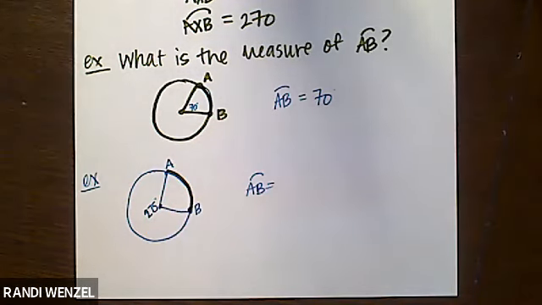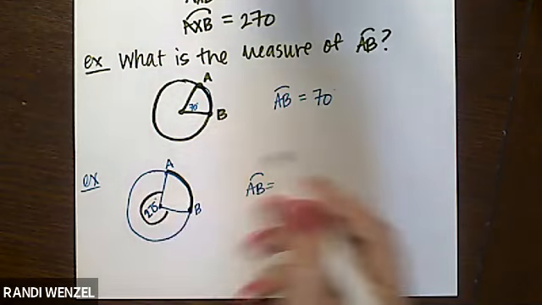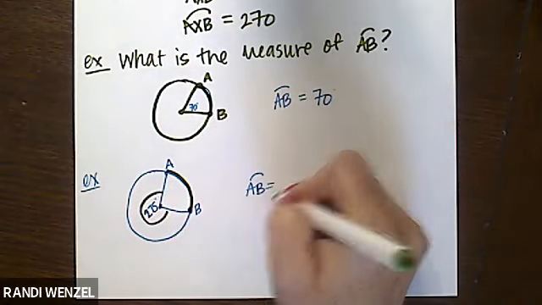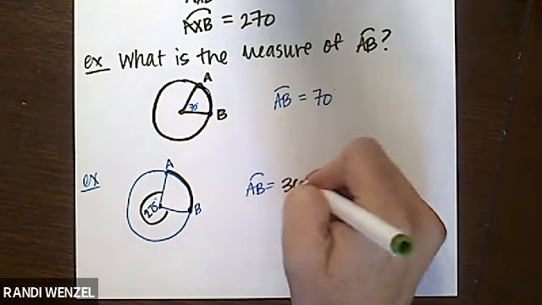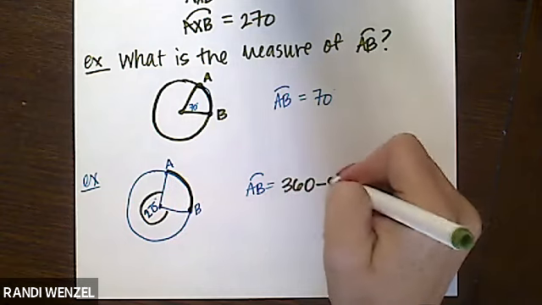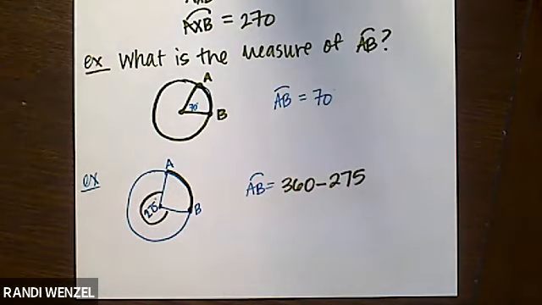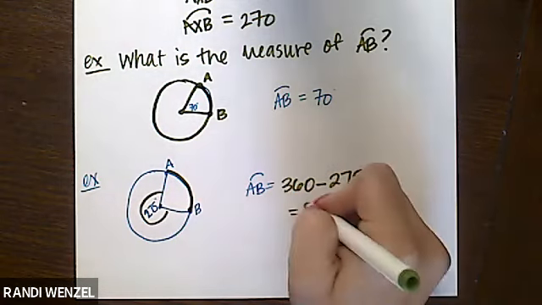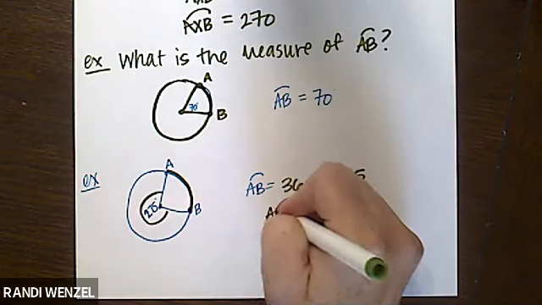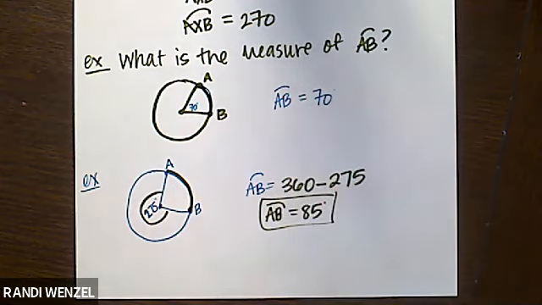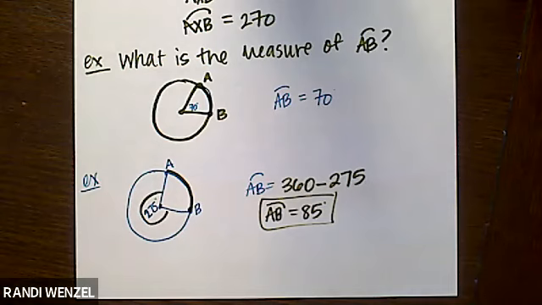So because you're given the larger angle here, to find this, we just have to do 360 minus 275. And if you do 360 minus 275, you should get 85. So the measure of AB is 85 degrees. So hopefully you're thinking, well, this isn't too bad. Let's do one more example.